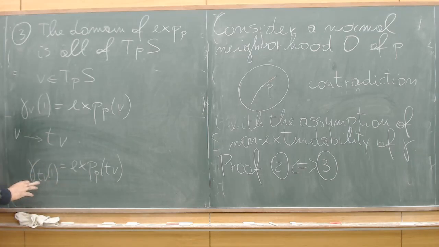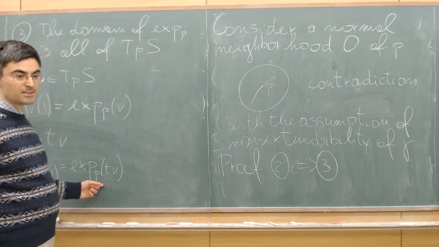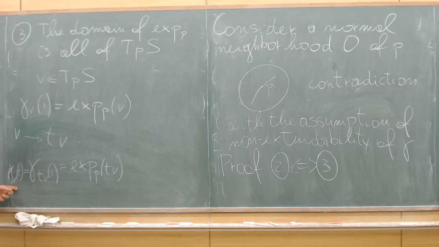But we saw before that gamma TV at 1 is gamma V at T. So this formula says that as soon as the right-hand side makes sense, then gamma V at T makes sense. So this means that gamma V is defined for any T in R.